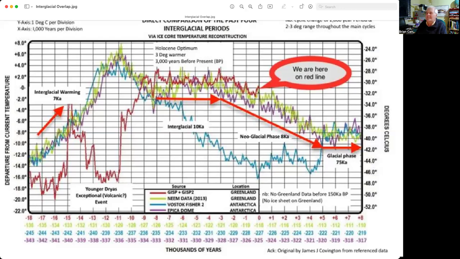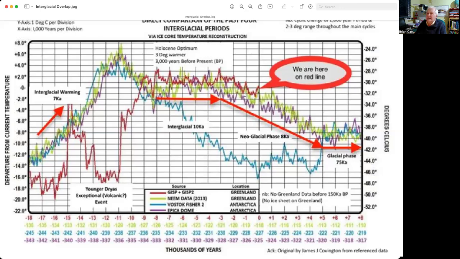It's nice and flat from 9,000 years ago to 3,000 years ago. And then it starts heading down towards the next glacial phase, 75,000 years of that. But you can see that now is not at all unusual. It's colder than it was 3,000, 4,000 years ago.